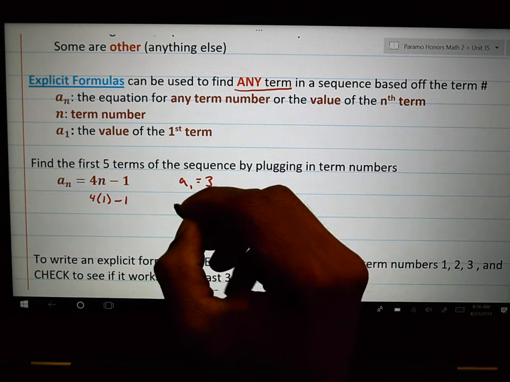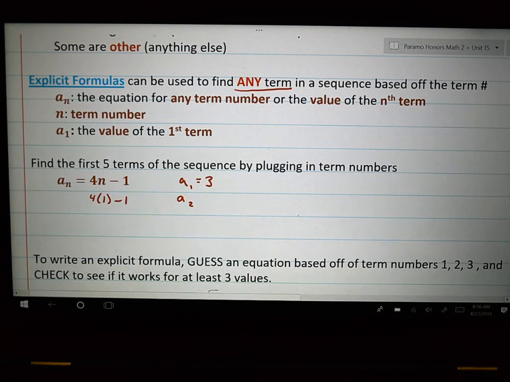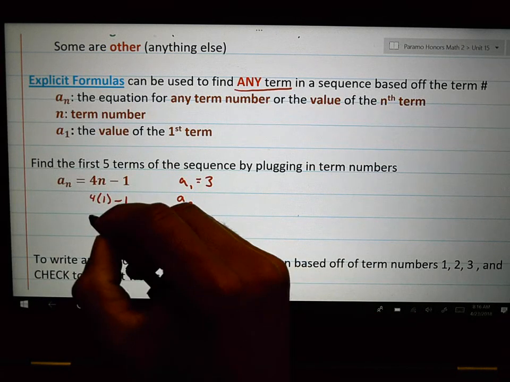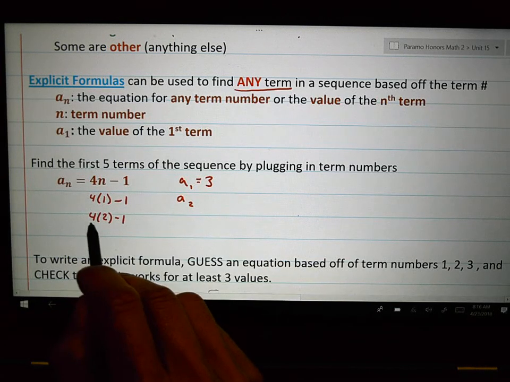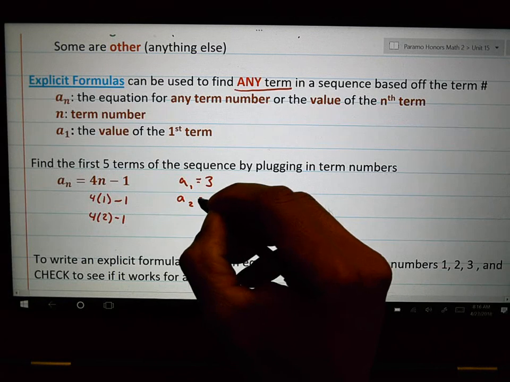If I want to know what A of 2 is, otherwise known as your second term's value, all you have to do is plug the 2 into the equation. So the second term's value would be 4 times 2 minus 1, or 8 minus 1, which is 7.